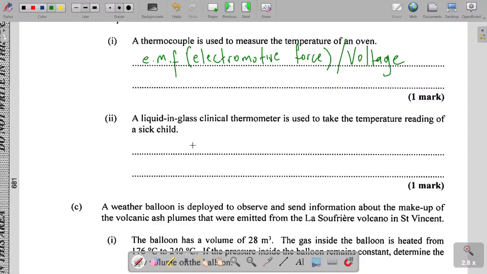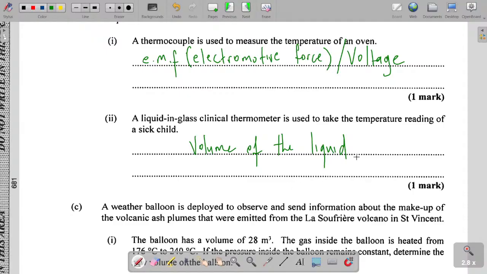For this one, it would have to be the volume of the liquid. So the volume of the liquid inside the thermometer expands, and so with the expansion of the volume of the liquid, then we can get a corresponding value for the temperature using the scale on the thermometer.